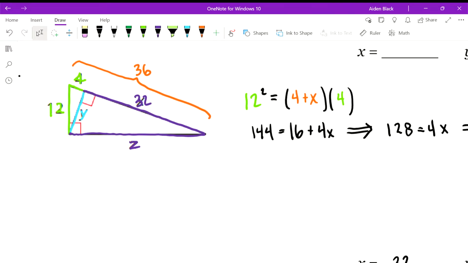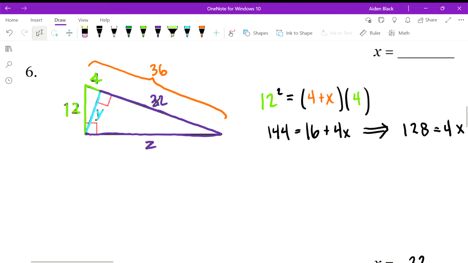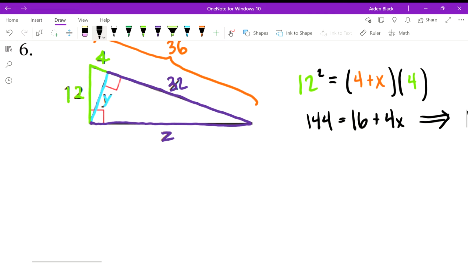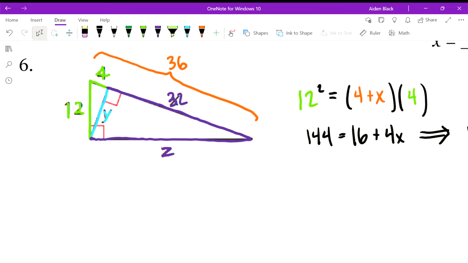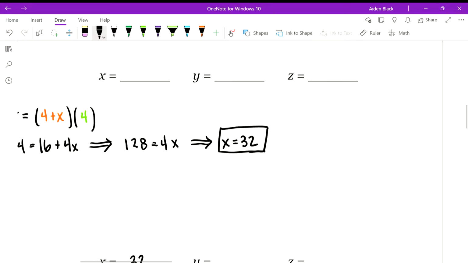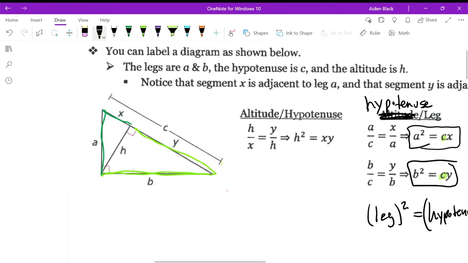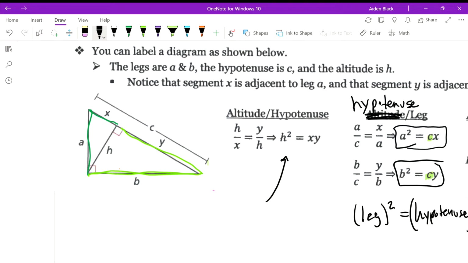Now we can actually solve for y, and we can solve for z. Let's do altitude. Altitude squared. Right, we're referring to this formula here, dealing with the hypotenuse.